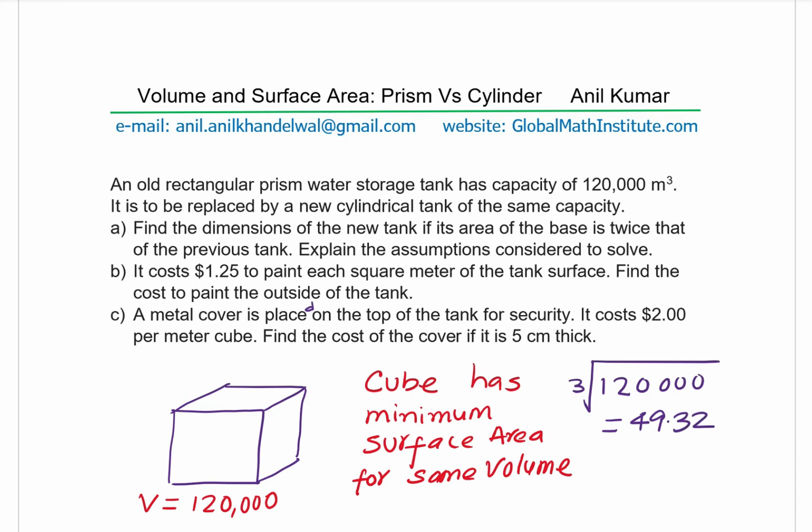Now for simpler calculations, we'll definitely avoid the decimals and we'll say let us take the base as 50 meters, right? Does it make sense to you? So we'll make base as 50 meters. Now if I take base as 50 meters, what is going to be the height? Let's work that out also.